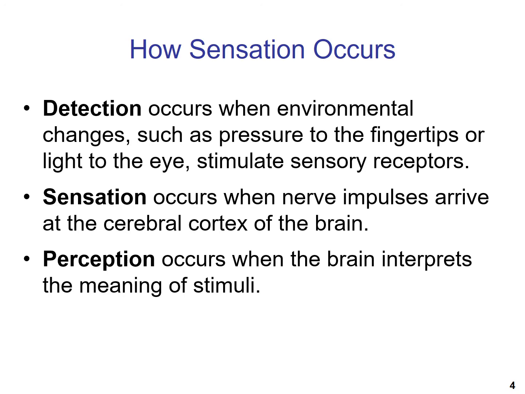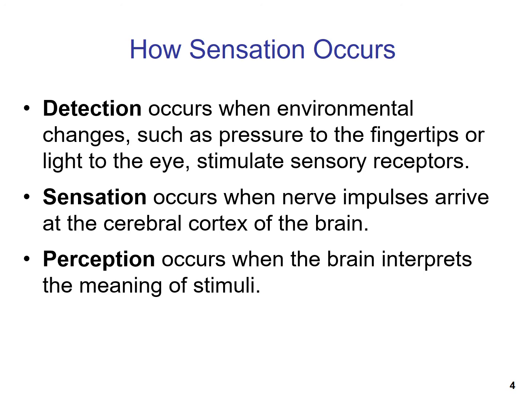Now, detection occurs when some sort of environmental change stimulates a sensory receptor, but sensation occurs when the nerve impulses arrive at the cerebral cortex of the brain. So is it actually a sensation at the very moment that your sensory receptors start firing messages toward the brain? No, it's not.